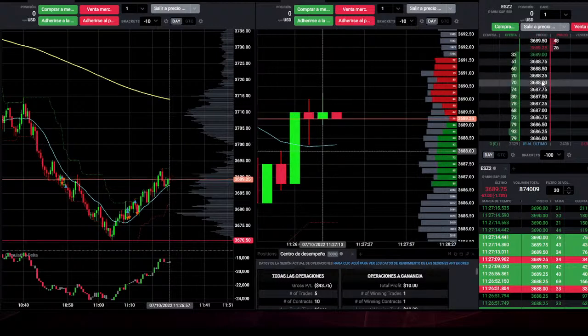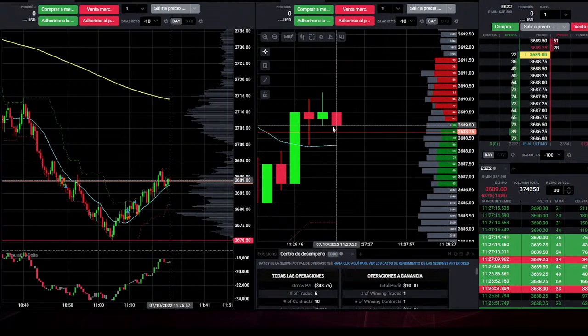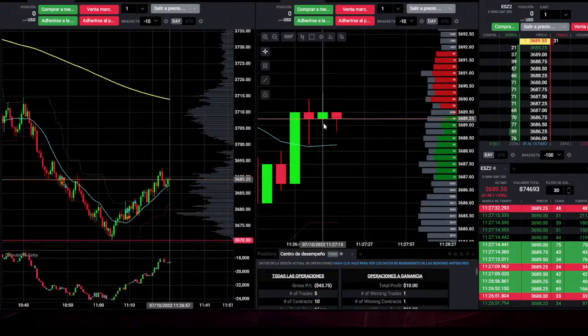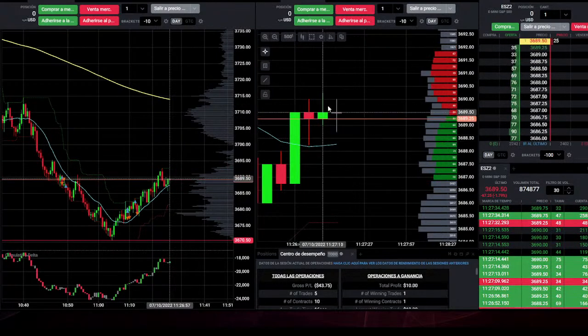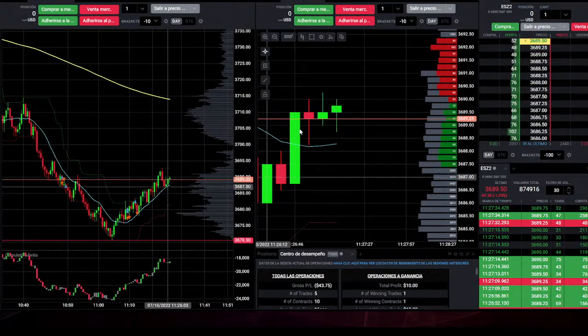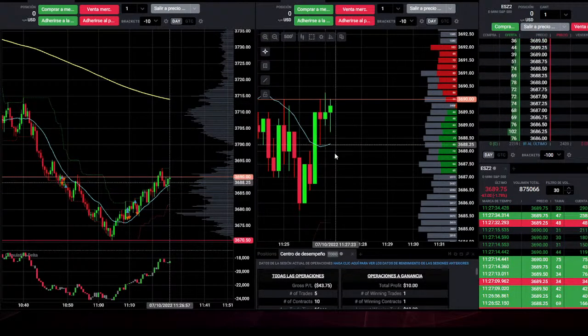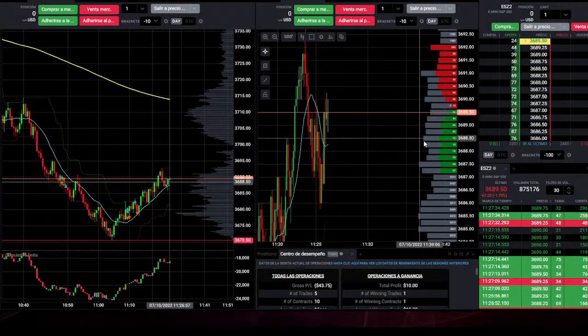Okay, so this is one tick. So here you have $1.25, $1.25, $1.25, and this is $2.50. So as you can see, these are $10 moves in one micro. Okay.